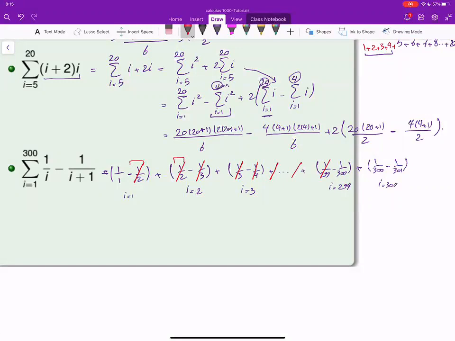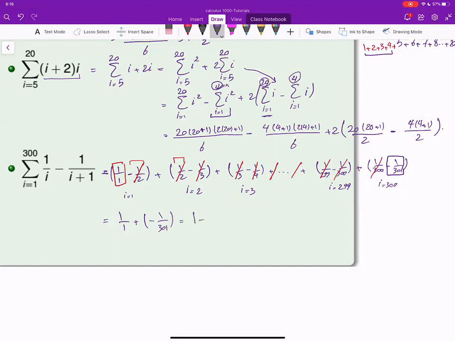Negative 1 over 300 will disappear with 1 over 300 there, and the only things that remain are the first term of the first element of that sequence, plus the second term of the last element, which is negative 1 over 301.